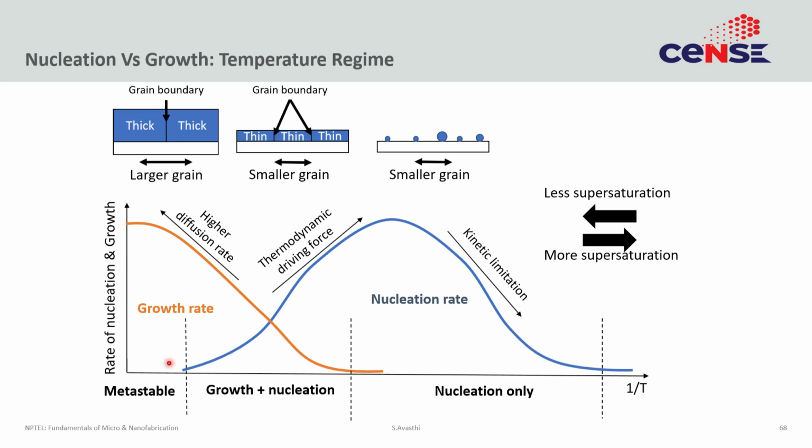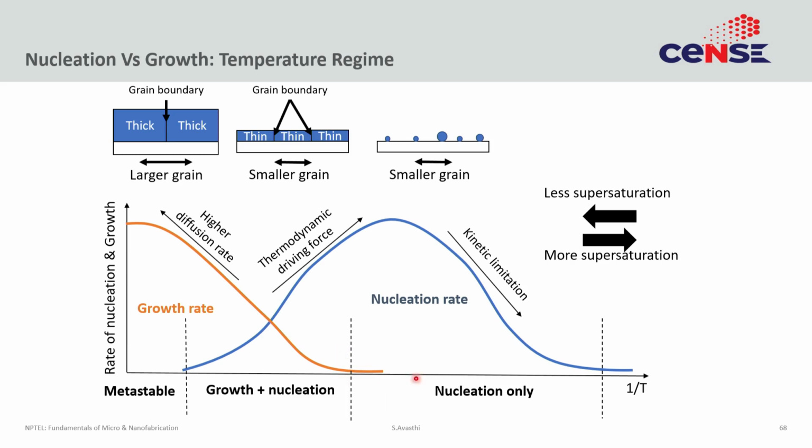Now, as you reduce the temperature a little bit from the melting point, you get into a case where you have both nucleation and an appreciable growth rate. A lot of the CVD happens here because you have both growth and nucleation. So, you nucleate, you form your film and the film starts to grow. So, both things happen at the same time.